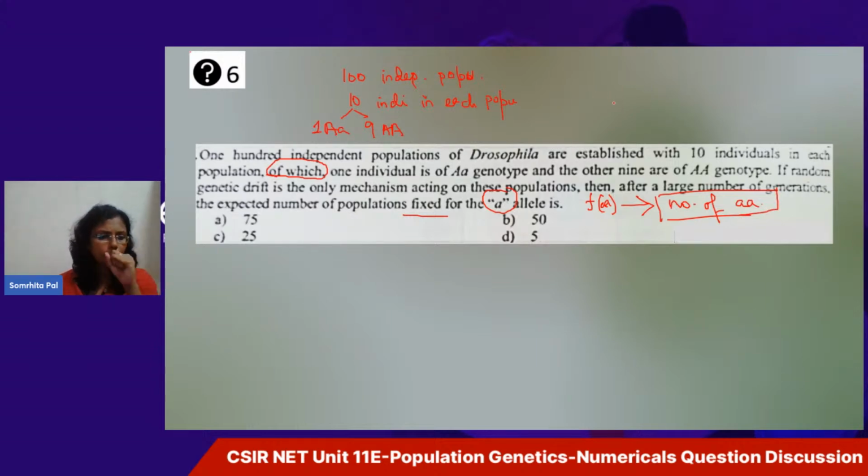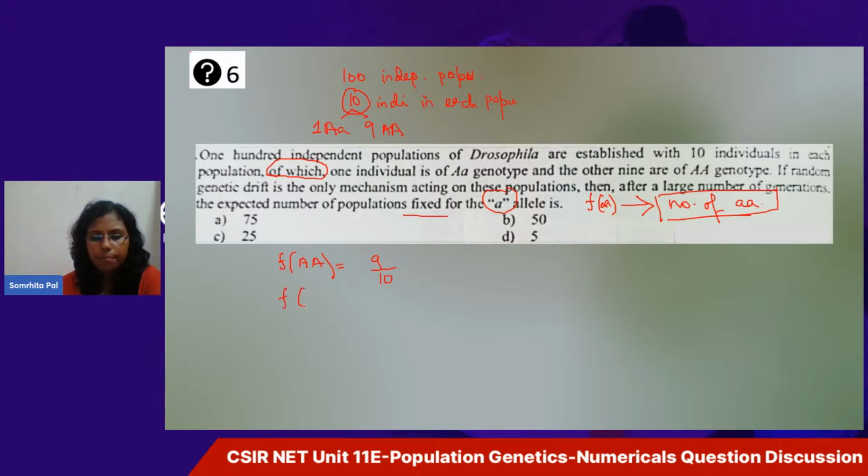So how can we do it? Out of 10, 1 is heterozygous, 9 is homozygous. When finding the frequency, you have to consider out of the 10. So my frequency of capital A capital A is 9 out of 10.